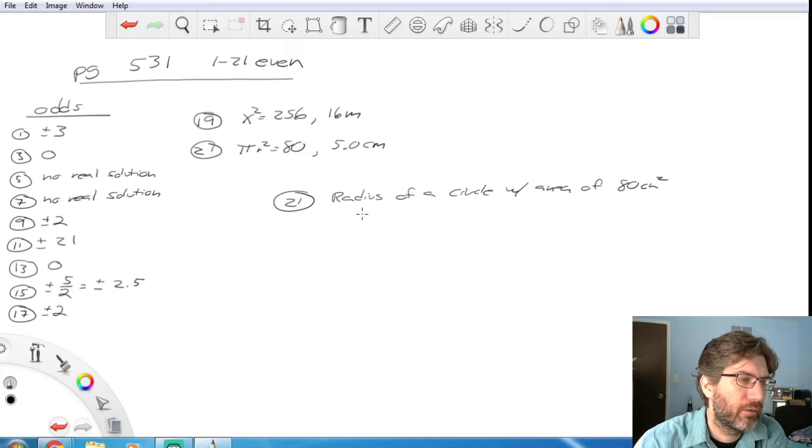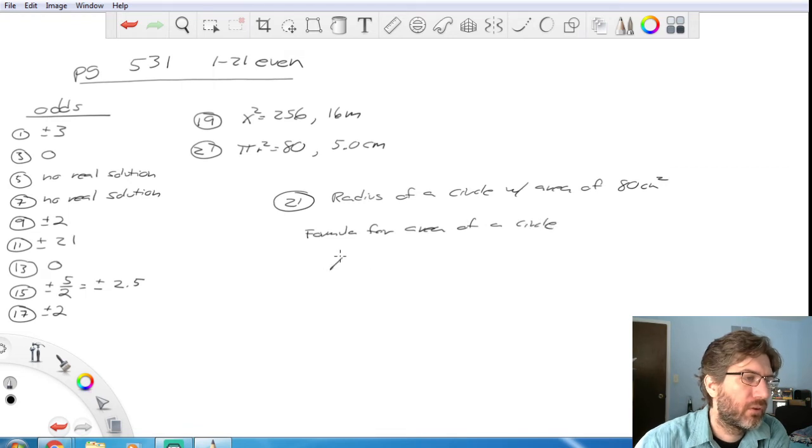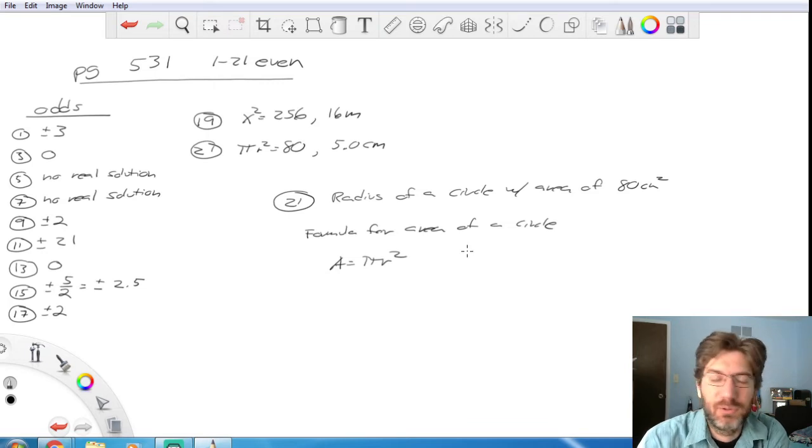If you didn't, you could have looked it up, but you need to know the formula for area of a circle, which is area equals pi r squared. Once you looked that up and figured that part out, it's really easy.